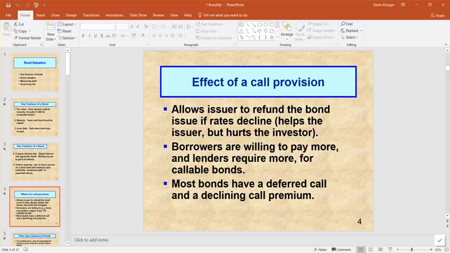Retiring bonds early is called calling them. When you call your bonds, you're effectively terminating the contract early. That's a concept you might be asked about. The call provision is at the choice of the borrower.